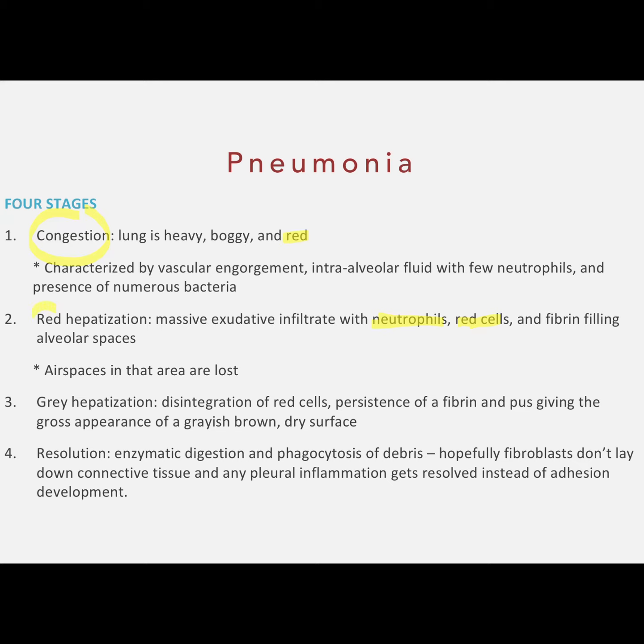So we say the lung is in the red hepatization phase. It's just a name. After that, the inflammation would begin, the white blood cells will try to neutralize some of the invaders, and we start to see a grayish-brown surface. We call that the gray hepatization.